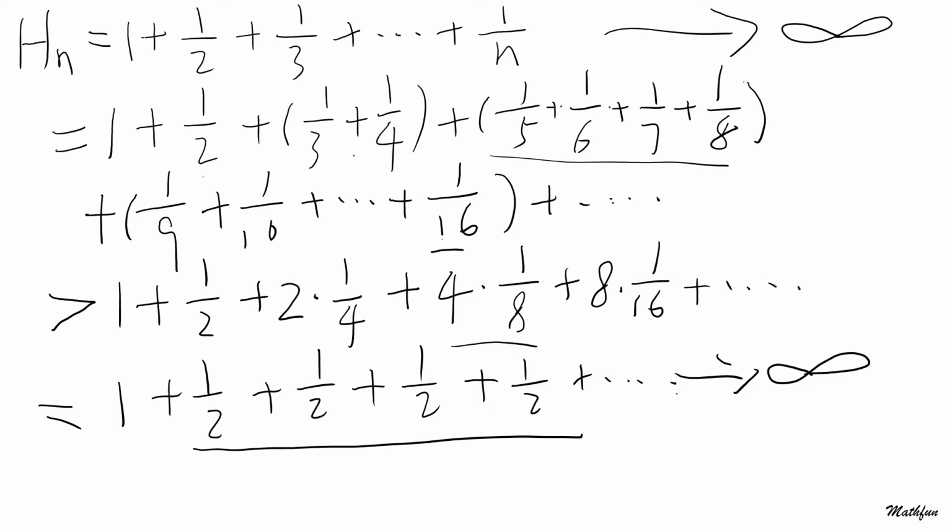The answer is in fact yes. As it turned out, the harmonic sequence would approach another number that diverges, to whom? To the natural log of n plus a constant.